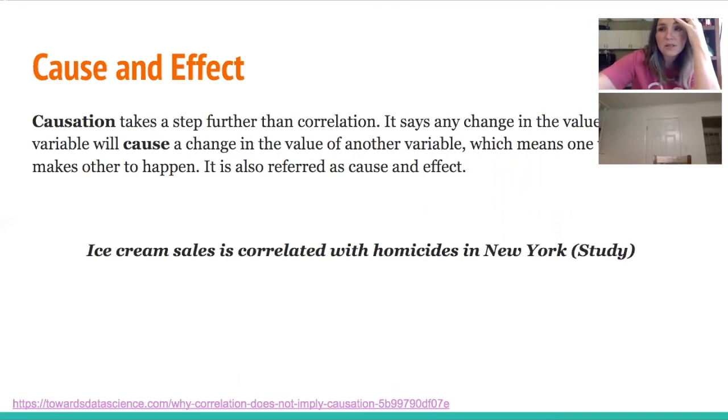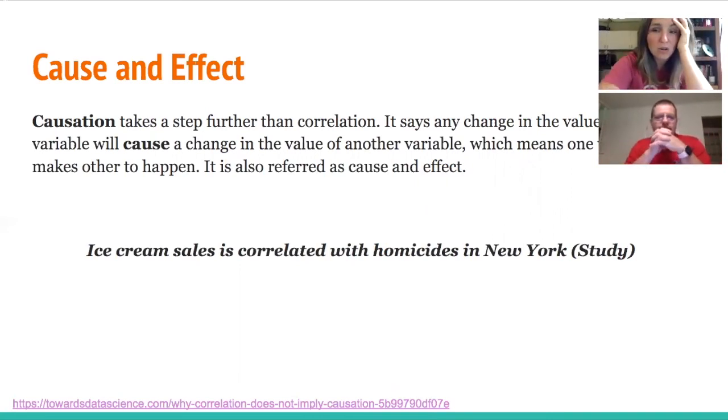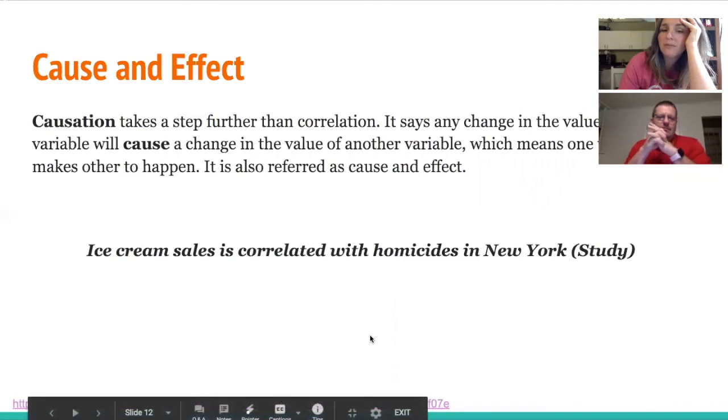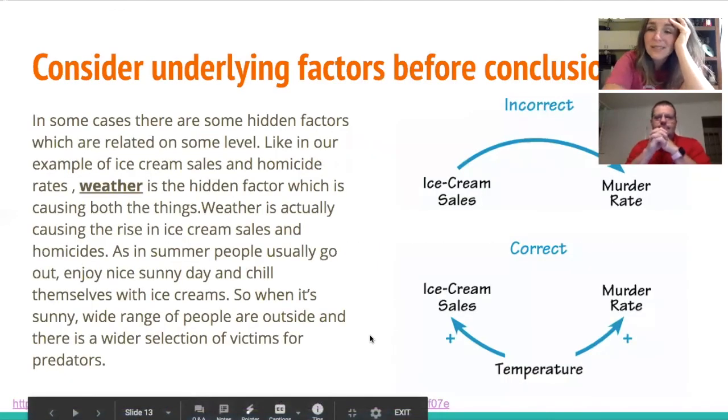So stop and think to yourself for a second. What do you think could be a cause of these two things? What does eating ice cream and potential killings in New York City have in common? Well, turns out it's the weather.